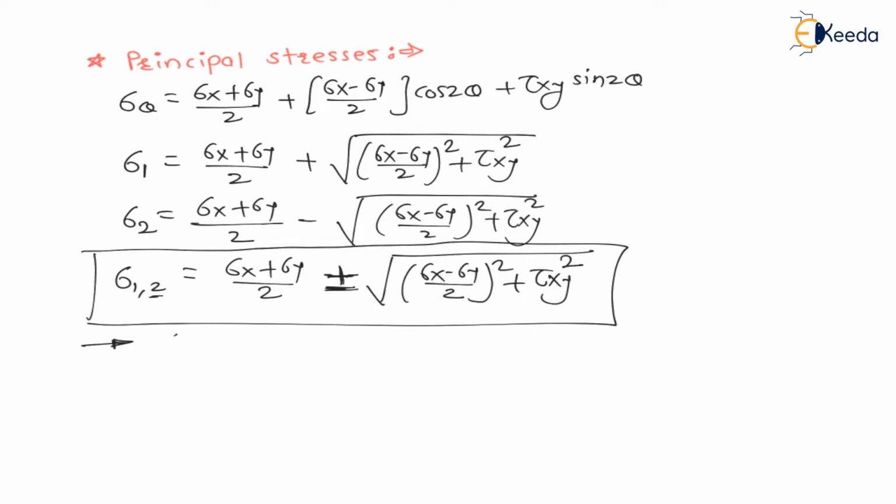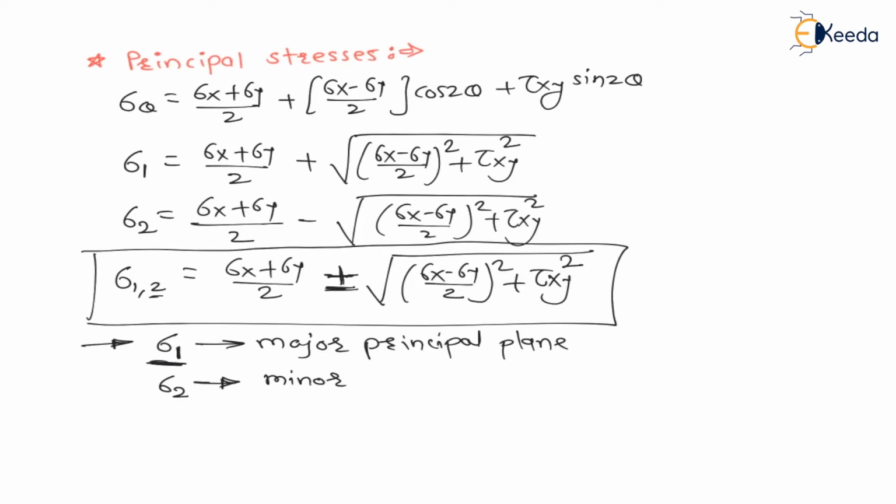The plane on which major principal stress sigma 1 is acting is called the major principal plane, and the plane on which minor principal stress sigma 2 is acting is called the minor principal plane.